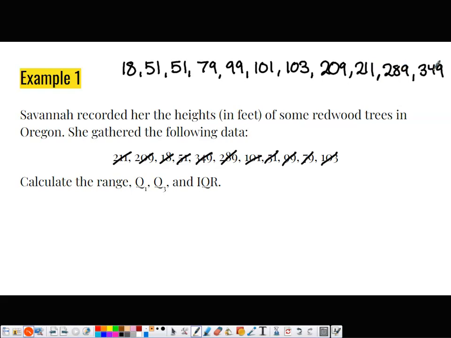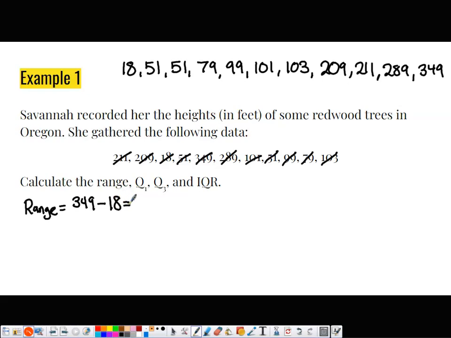So let's go ahead and calculate the range, Q1, Q3, and IQR. The range is just your maximum minus your minimum. So the range is equal to 349 minus 18.